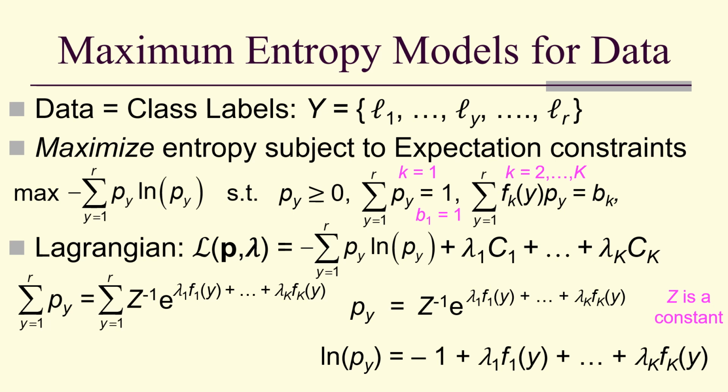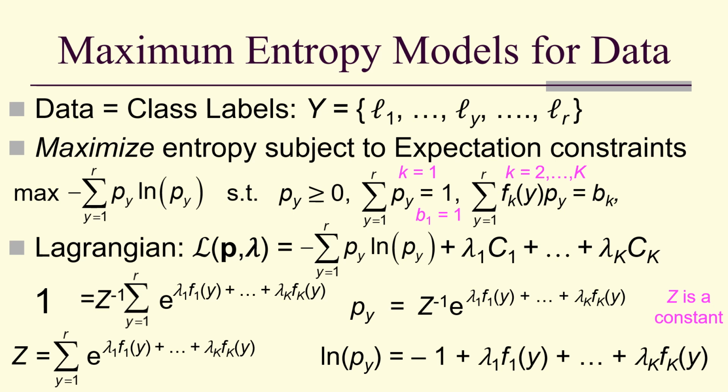To do that, I notice that the sum of the p sub y's is going to be the sum of the z inverse times e to this linear combination. But that sum can be interchanged with the z inverse, and the sum of the probabilities is just 1. So that means my z is the sum y equals 1 to r of e to the lambda 1 f1 of y up to lambda sub k f sub k of y.